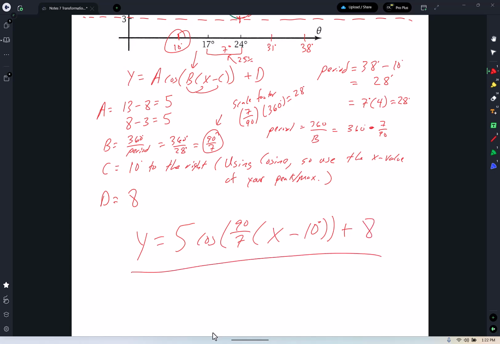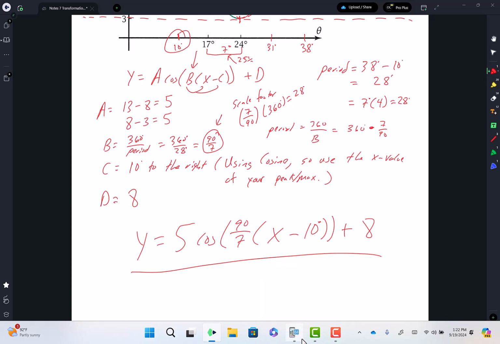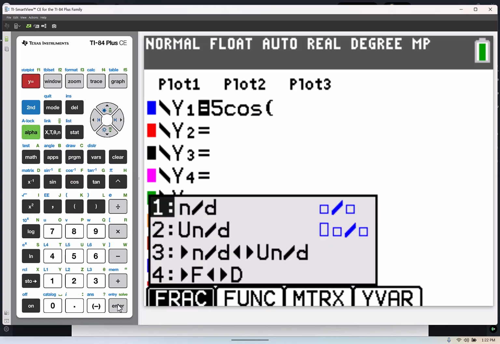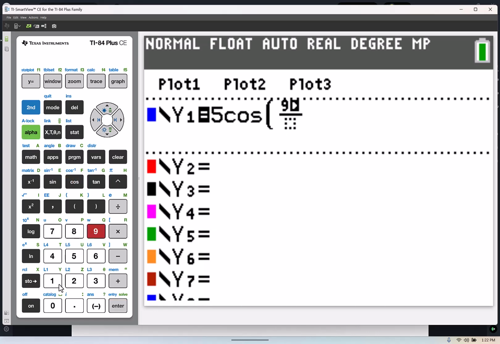Type that. 5 cos, alpha, y equals, enter, 90 over 7. x minus what? 10? Close, plus 8.